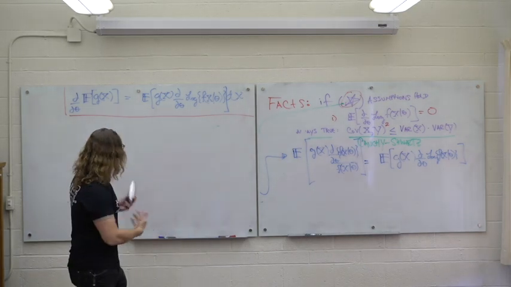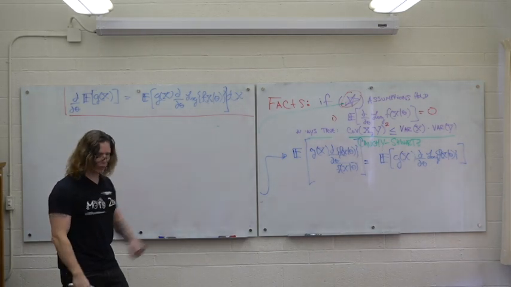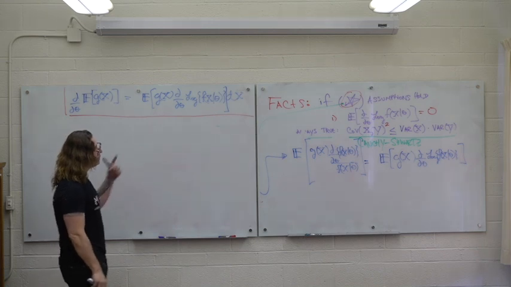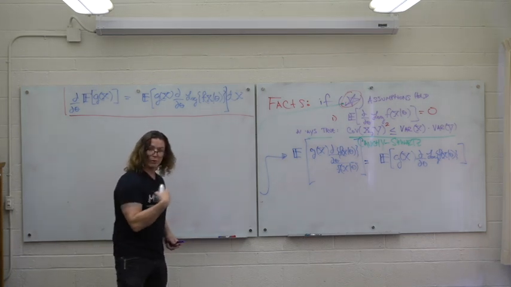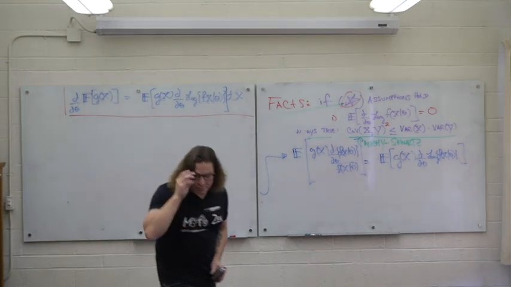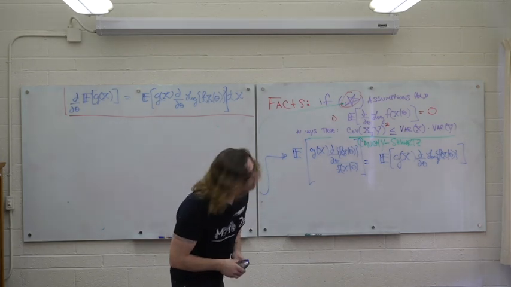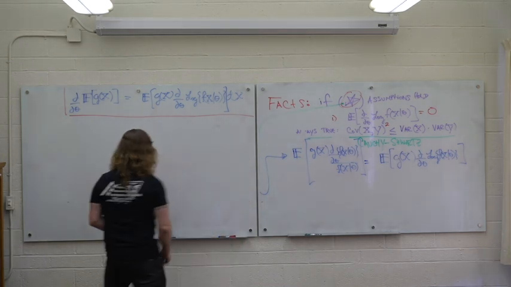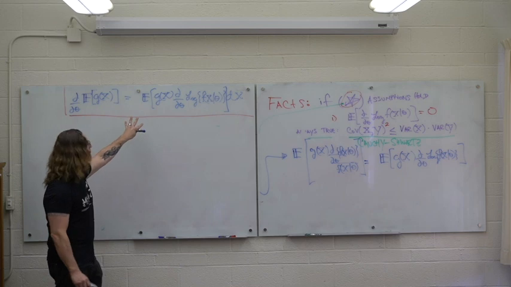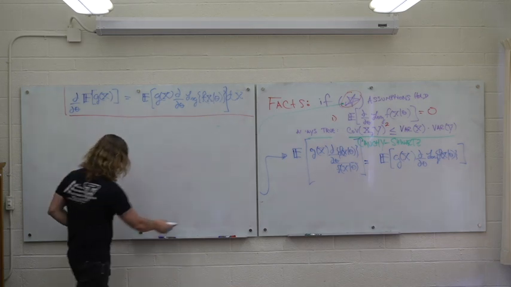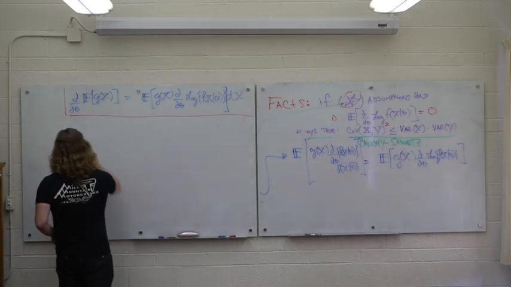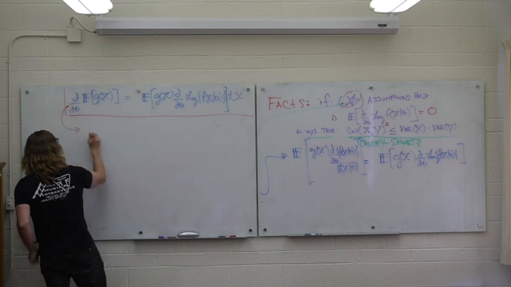So I can take the expectation over g, I can take derivatives over that, and I can apply my assumption that the derivative slides around. So I did use my assumption in proving this. So this tells us this is true.